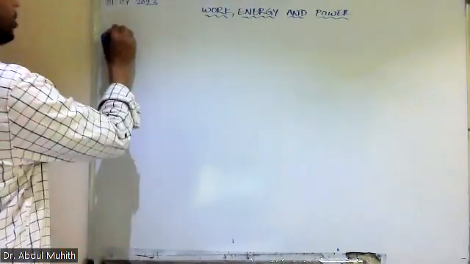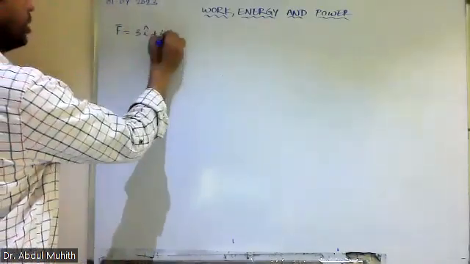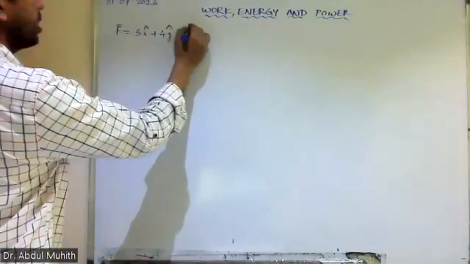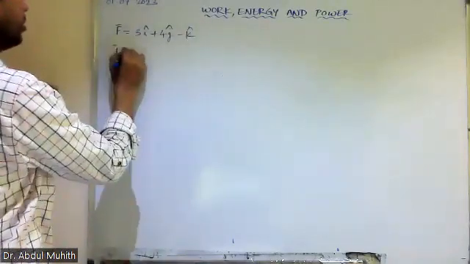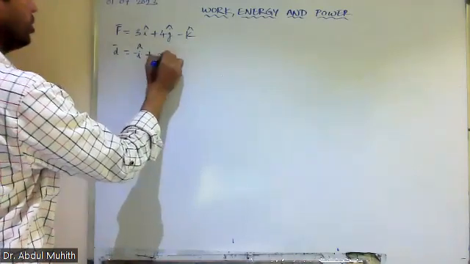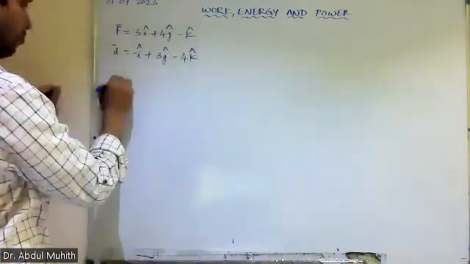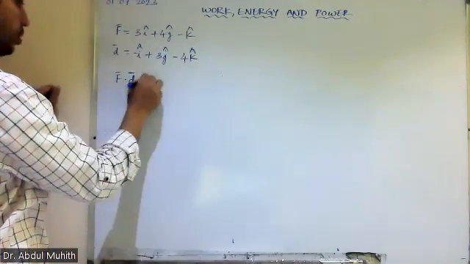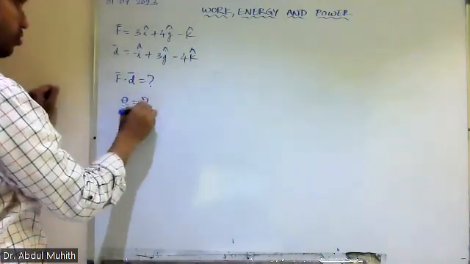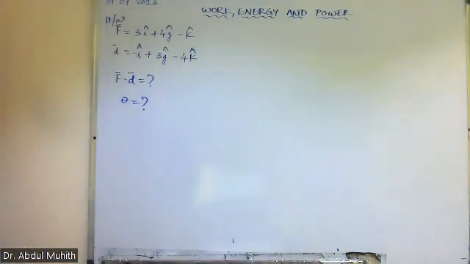So take here F equal to 3i cap plus 4j cap minus k cap. Similarly, D is equal to minus i cap plus 3j cap minus 4k cap. Find out F dot D. Also find out the angle theta. Okay, this is homework. Try this question as homework. Is it clear?